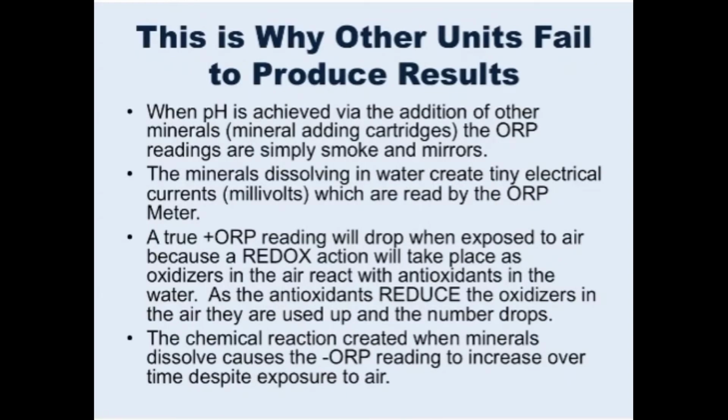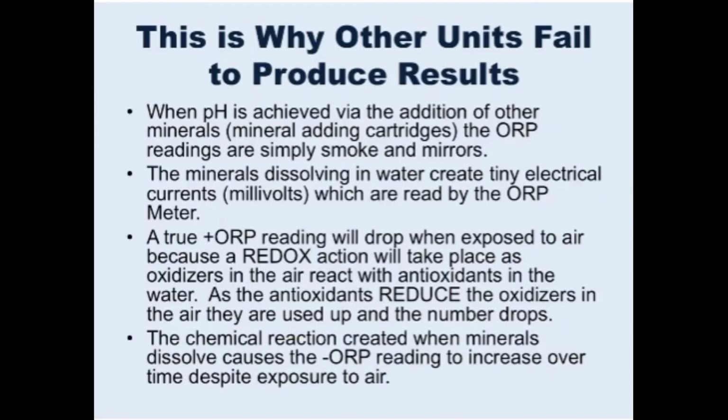Now, this is why other units fail to produce good results. When pH is achieved from adding minerals, like the machines that have mineral adding cartridges, the ORP readings are simply smoke and mirrors, because the minerals dissolving in the water create tiny electrical currents in millivolts, which are read by the ORP meter.